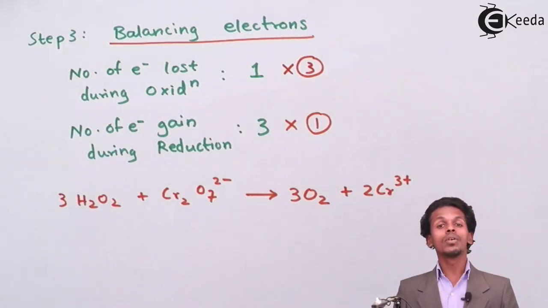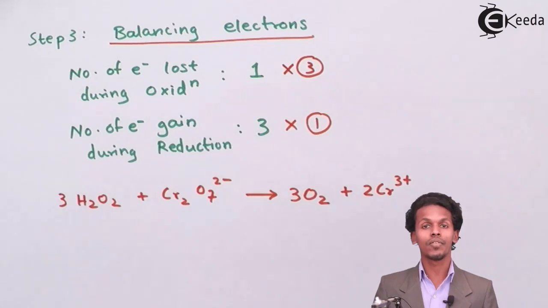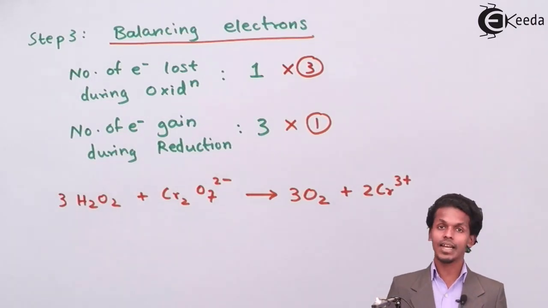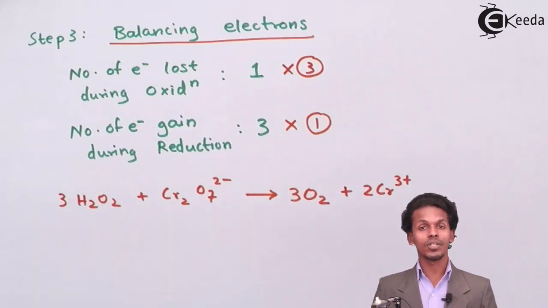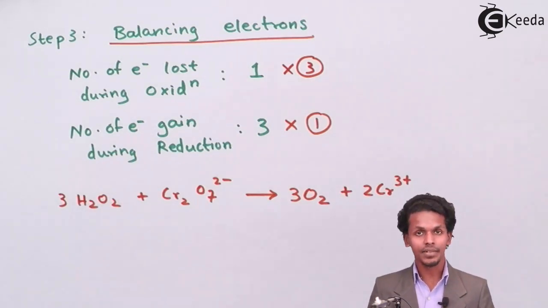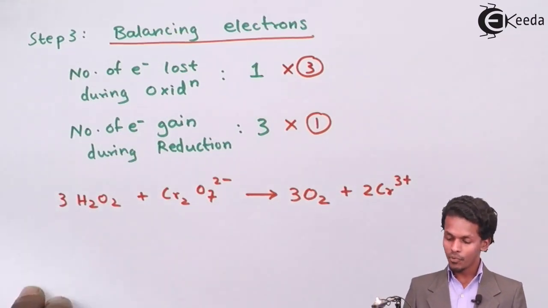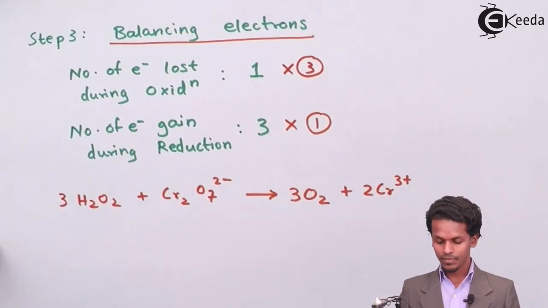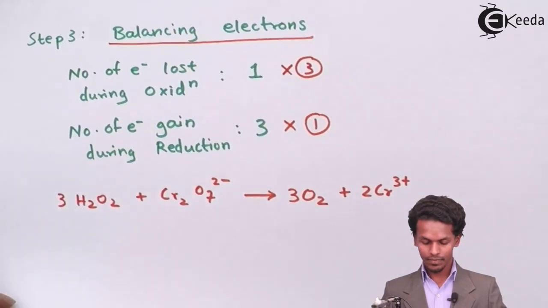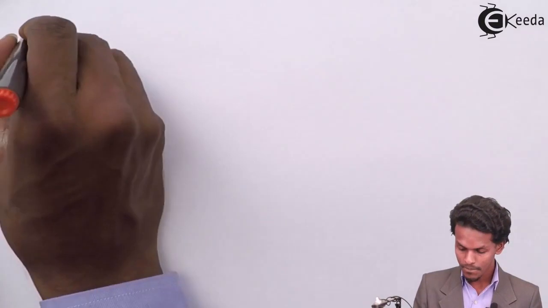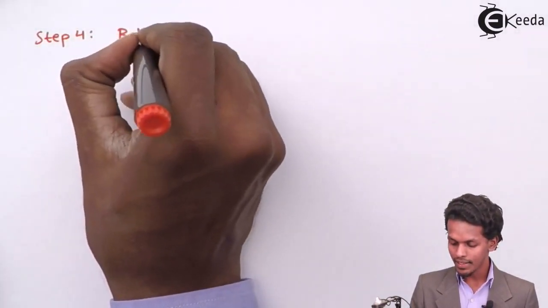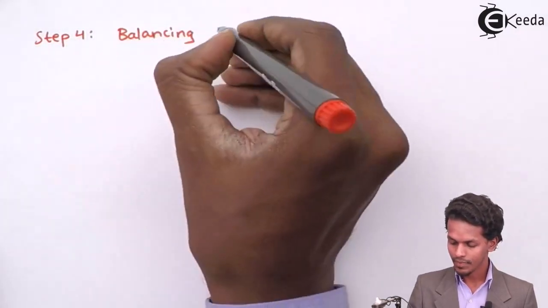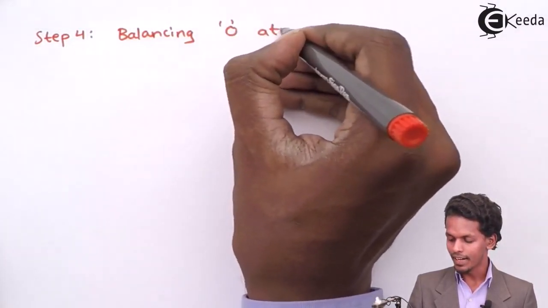Now we are going to determine how many oxygen atoms are present on the left hand side, and how many oxygen atoms are present on the right hand side. So step number 4 will be balancing oxygen atoms.